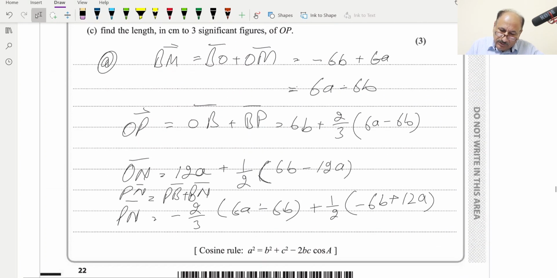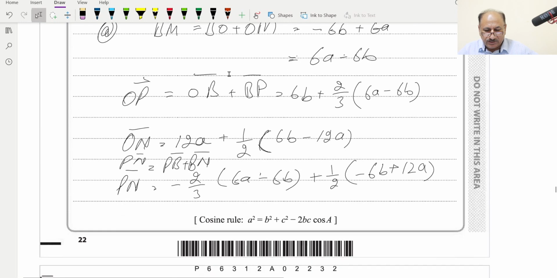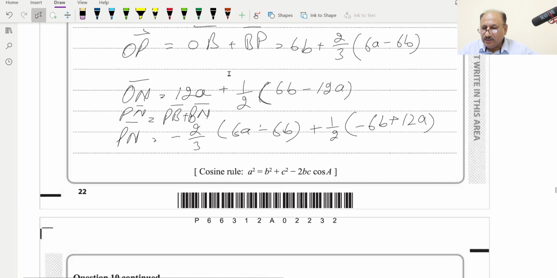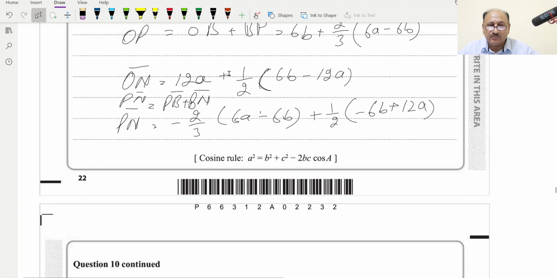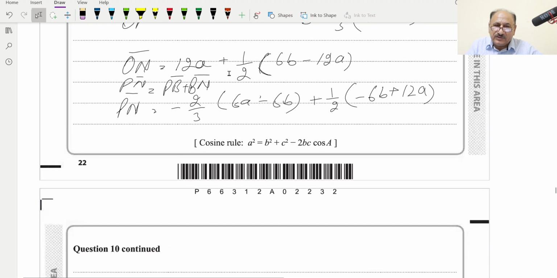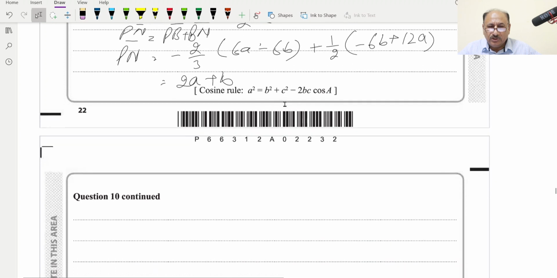PB plus BN will be equal to PN. If we open this and simplify, we will get 2a plus b. You can multiply also and simplify, and you will get 2a plus b.